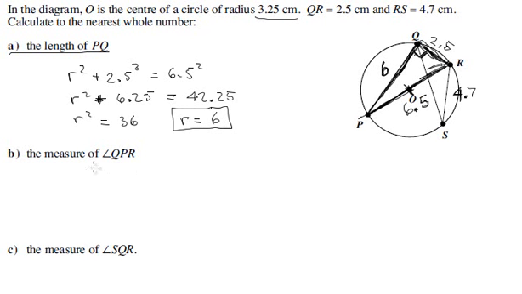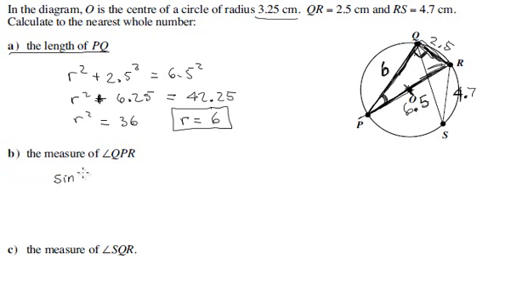Now, the measure of angle QPR, this angle. Well, it's a right triangle and we know several of its sides, so we should be able to do this using a little trig. If you're standing here, then you could say that this side is the opposite and this side is the hypotenuse.